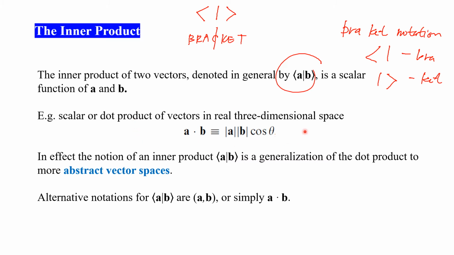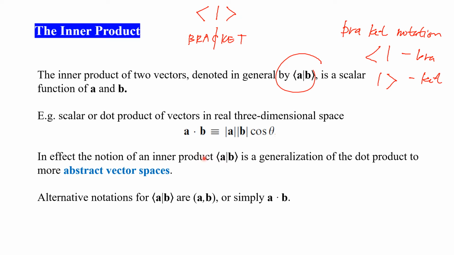The dot product A dot B is just in real three-dimensional space, but if we extend your space into abstract vector spaces, then we have the inner product bra A ket B to generalize the dot product.